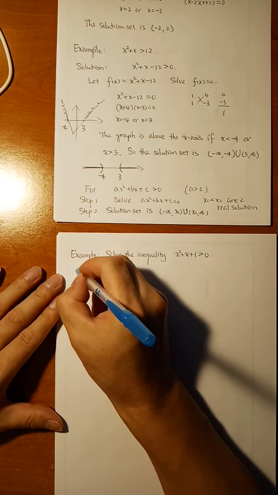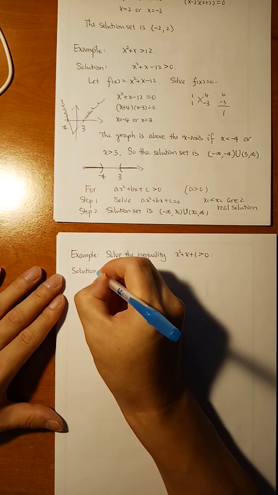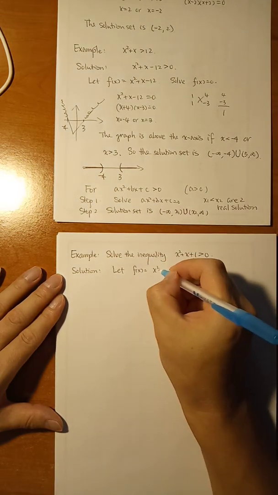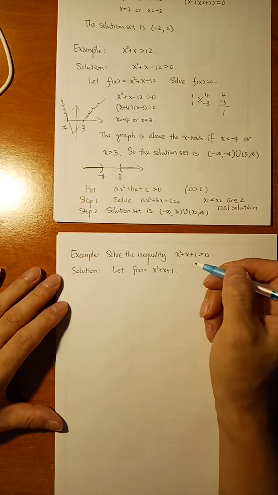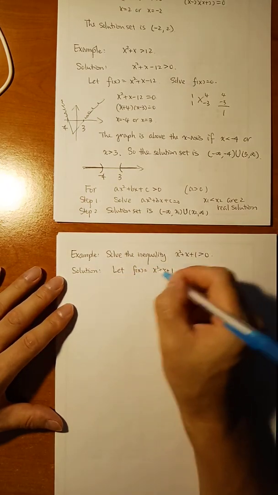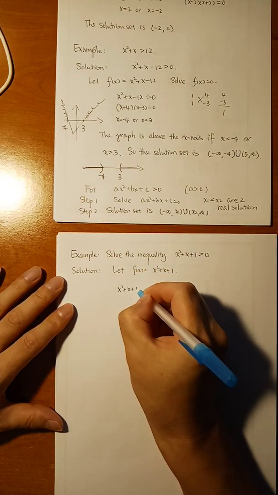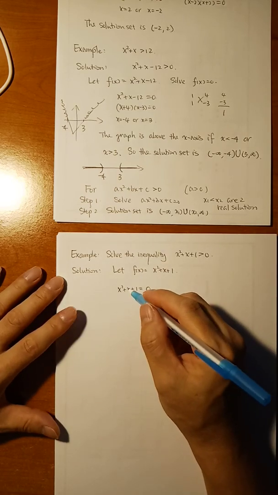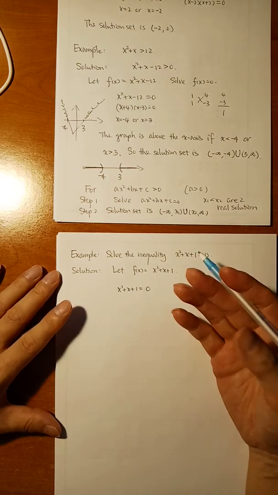Okay, the same thing. Let f(x) be x squared plus x plus 1. We solve x squared plus x plus 1 equal to 0. This one you try it, you cannot factor it, then you use the root formula.